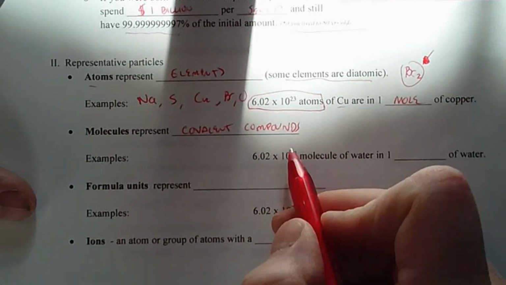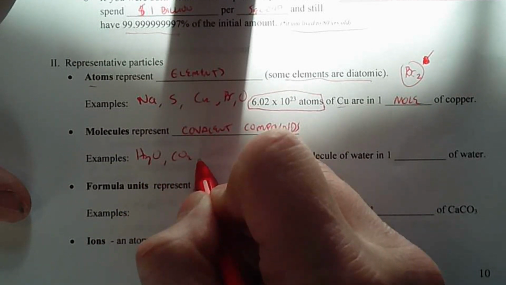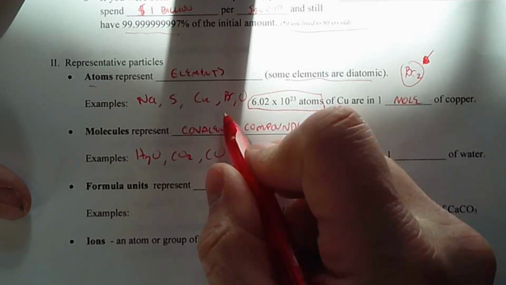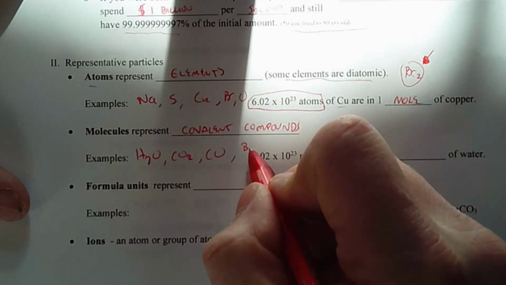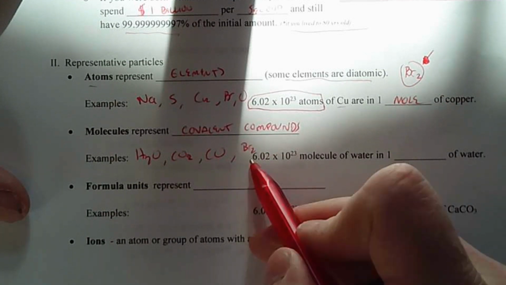Molecules, however, represent covalent compounds like water, CO2, CO, or, again, Br2, like we said up here, this itself is a molecule.